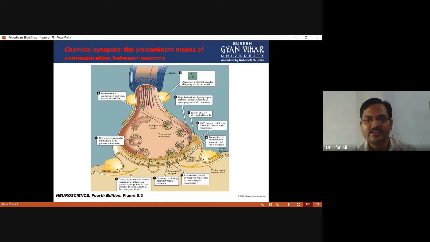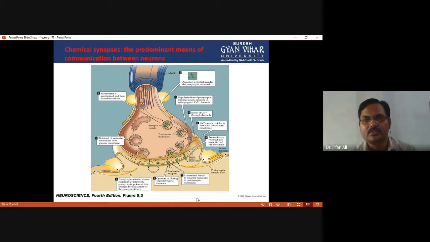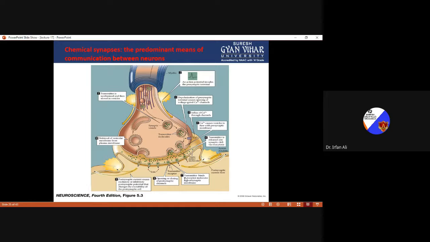Now you can see that here the synaptic vesicles, which have neurotransmitter molecules, fuse with the membrane. When the vesicles fuse with the membrane, they release neurotransmitter into the synaptic cleft. The transmitter is released into the synaptic cleft via exocytosis.